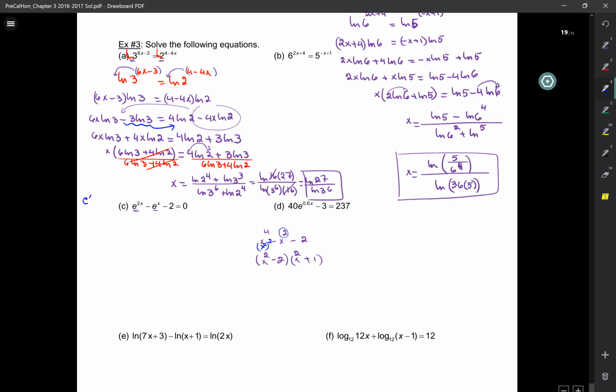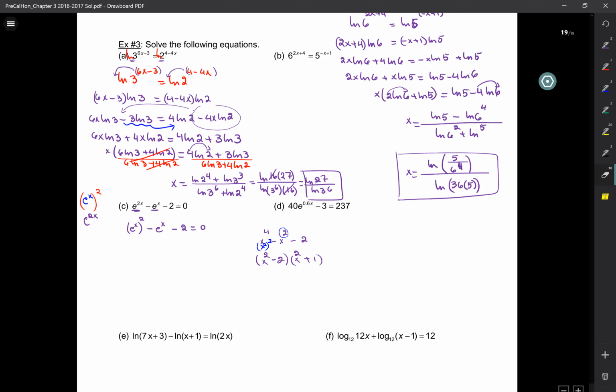If I have e to the x, and if I were to square it, what would that be? Oh my goodness, it would be e to the 2x. So here I have the square of e to the x. In other words, I can write this as e to the x squared minus e to the x minus 2 equal to 0.